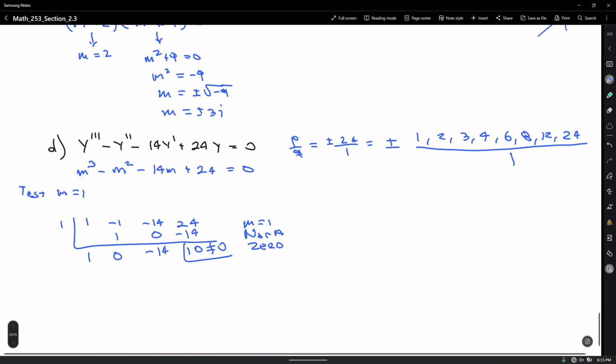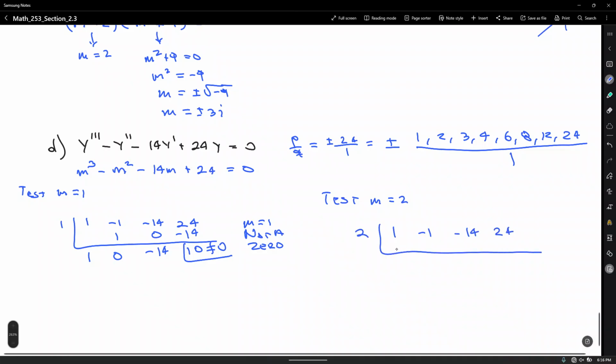How about 2? Test m equals 2. All right, so testing m equals 2. Okay, let's write the coefficients: 1, negative 1, negative 14, 24.